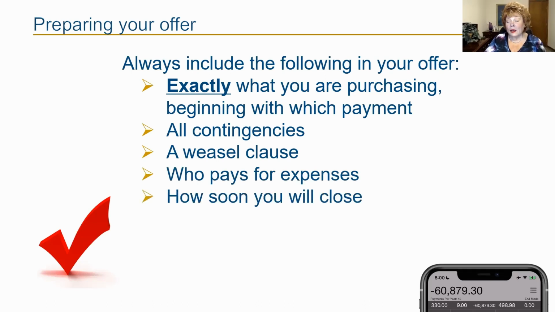Okay. And you always want to include how soon you're going to close. And what I have learned, particularly with COVID, is I say that normally we close within 30 days. If everything goes smoothly, we close in like 3 weeks. I've even closed in much less time than that.